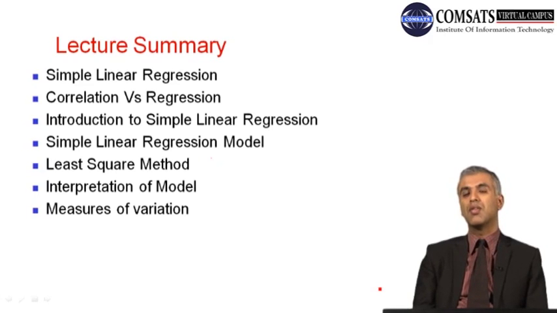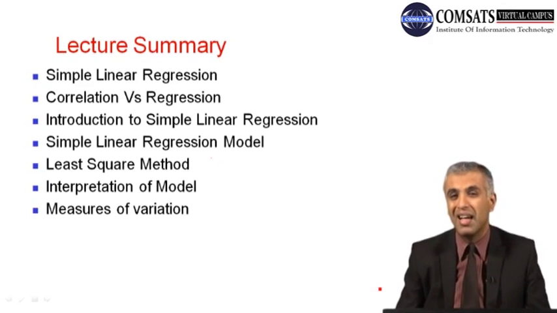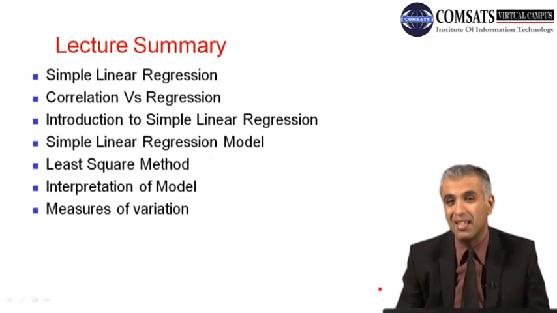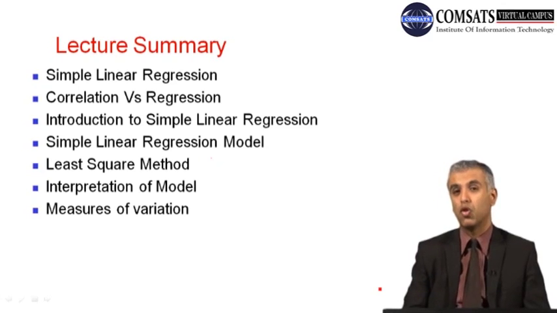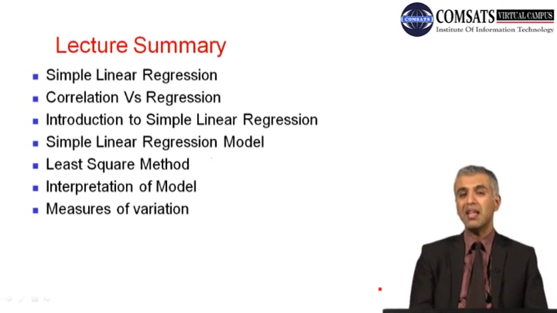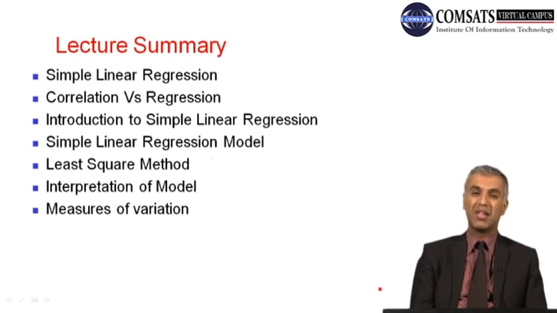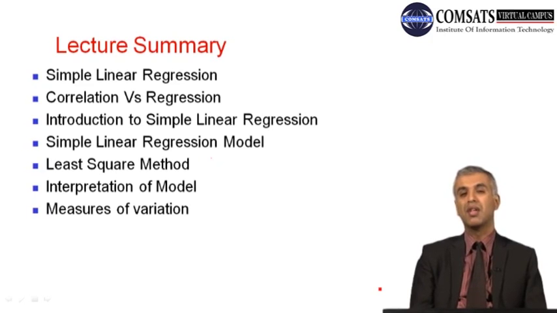a terminology introduced here which is termed as measures of variation, and in this case we discussed the terminology termed as total sum of squares, because we are dealing with the sum of squares, the reason being that some of the values would exist above the line and some of the values would be plotted below the line.